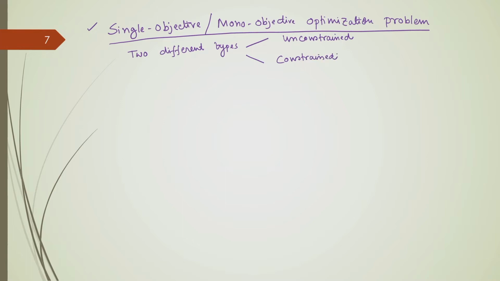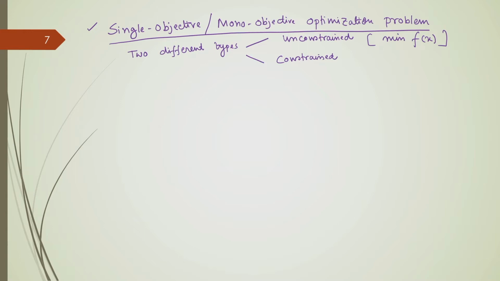In an unconstrained optimization problem, the only problem is to minimize an objective function. So, here the problem is only minimization of a function f(x), which might have a single variable or multiple variables. We do not have any other constraint on this.